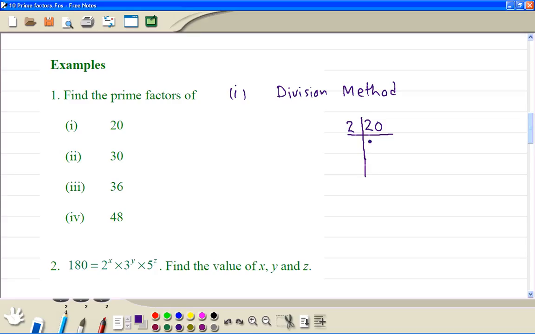So 20 divided by 2 is 10. Then we can divide it by 2 again. So the answer is 5. So this is a prime number, this is a prime number, and 5 is a prime number, so we stop. Therefore 20 is equal to 2 times 2 times 5. Or we can write it as 2 to the power 2 times 5.